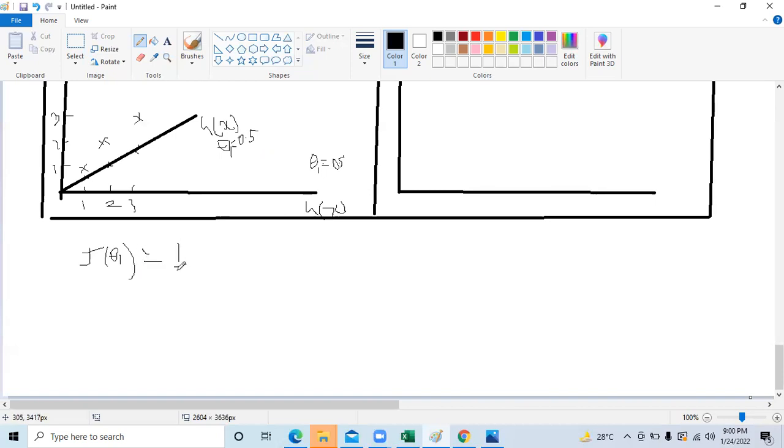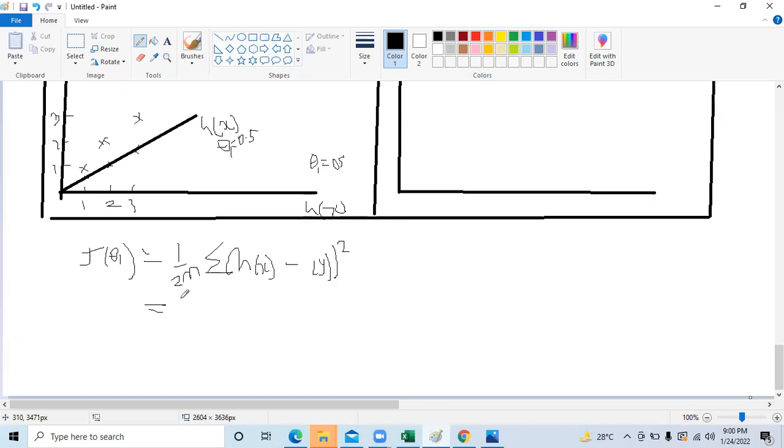So our J theta 1 equals 1/2m summation of h of x minus y all squared. So this will be what? We have 3 training examples, right?